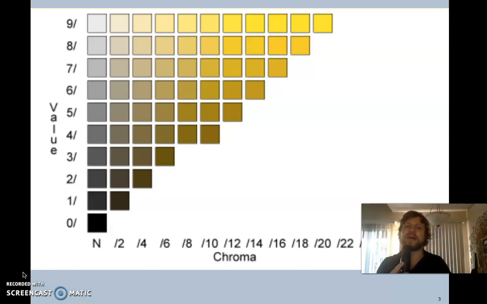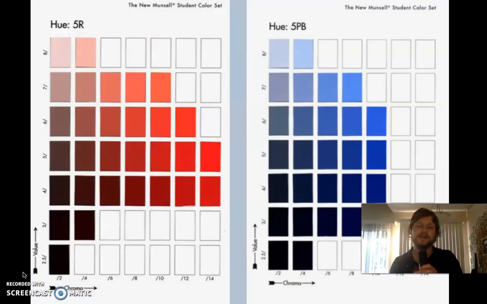So if you can hold the value constant, if you can hold the hue constant, you can really see shifts in intensity. Then your eyes can be sensitized to seeing this shift in intensity. So red is fully intense at a different value than yellow is. Yellow's highest intensity is at a very light value. Red is darker at full intensity, and blue is darker still.